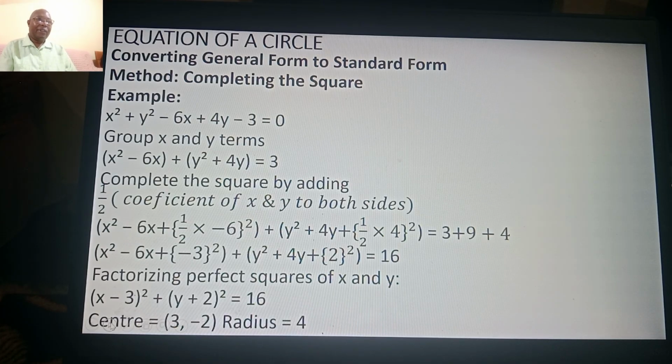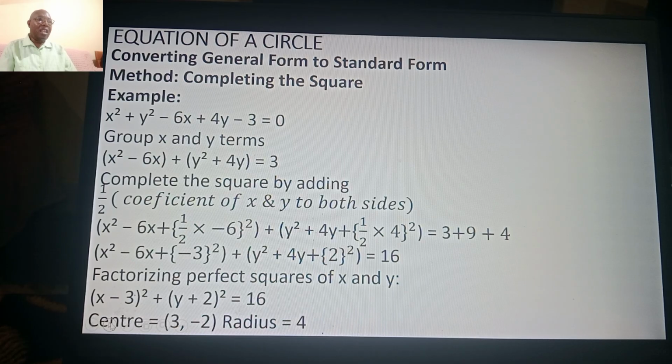So we have, on the group of x, x squared minus 6x plus half times negative 6 squared, half the coefficient of x, plus y squared plus 4y plus half times 4 squared. 4 is the coefficient of y. And if you have done that to this side, you do the same to the other side.